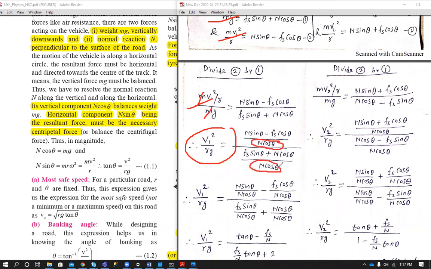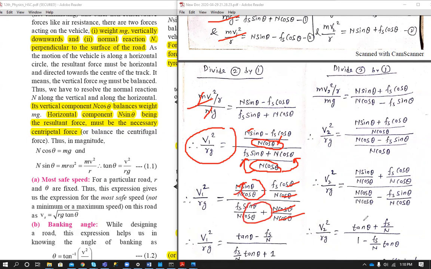In the next step, just divide n cos theta into each term. Separate out n sin theta upon n cos theta, and fs cos theta upon n cos theta. Similarly here n cos theta is given to fs sin theta and n cos theta. So similar terms get cancelled out. Sin theta upon cos theta is tan theta, and then it gets cancelled out. Okay, sin theta upon cos theta is what?